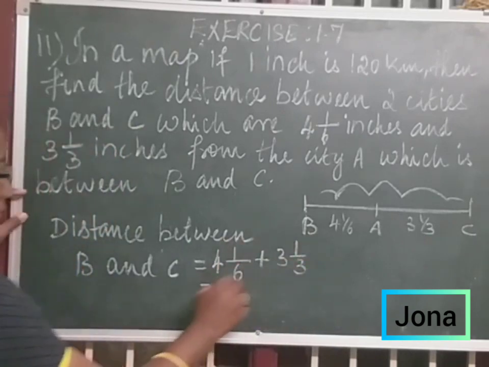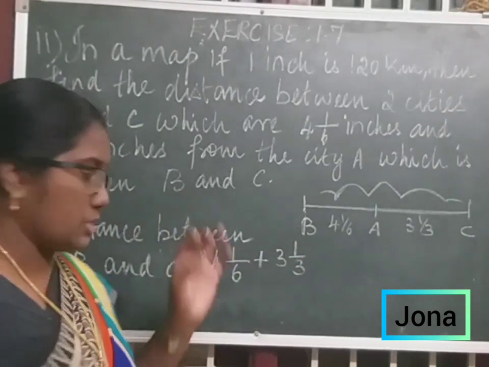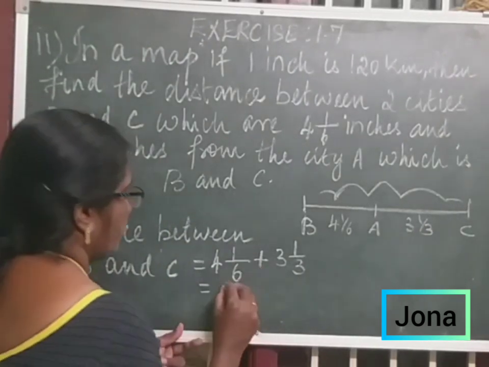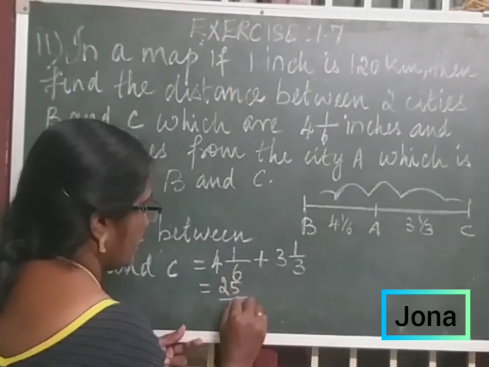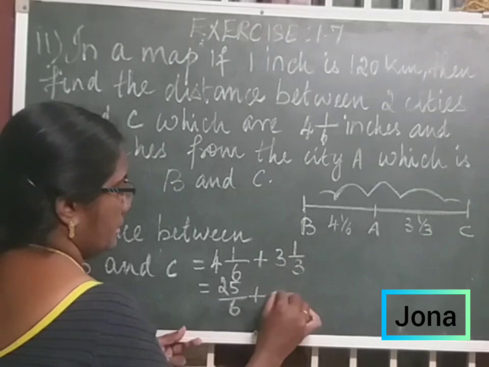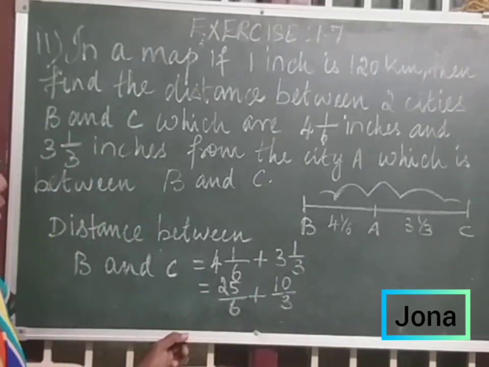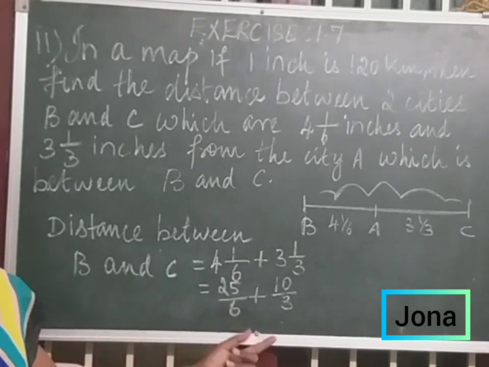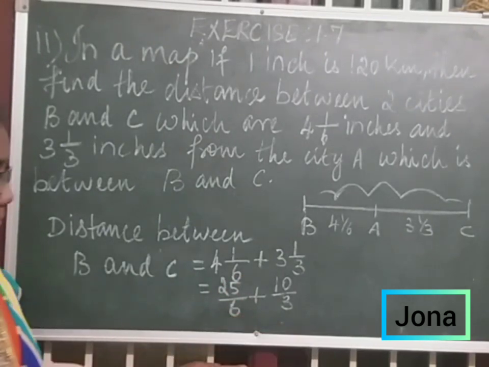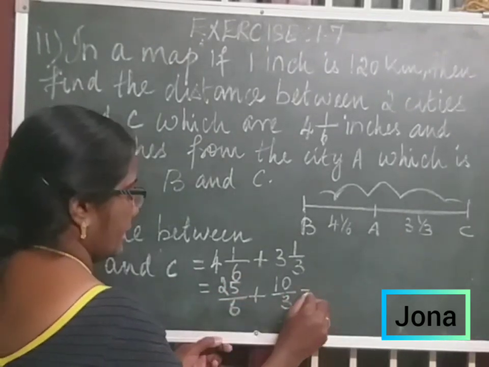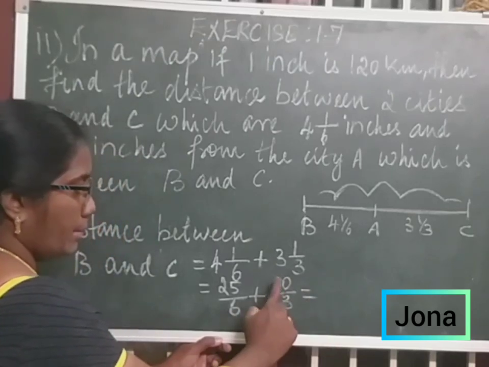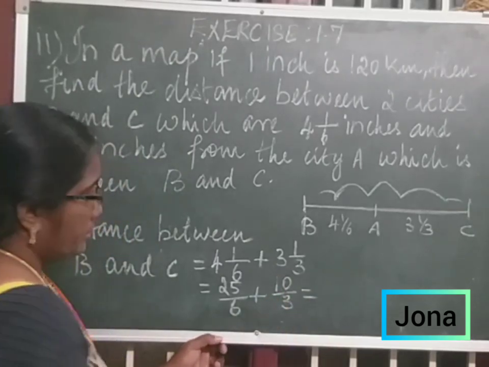So I want to convert this into improper fractions. So 25/6 plus here 10/3. I want to simplify here. So I can multiply both numerator and denominator by 2, it will be easy for you.